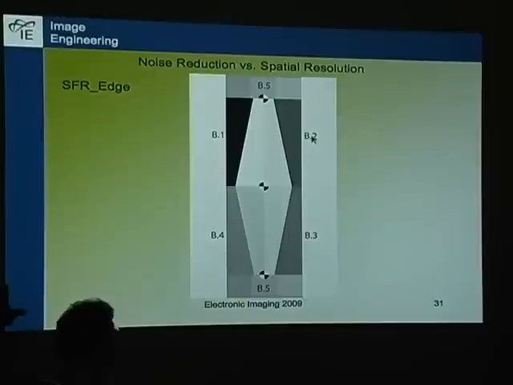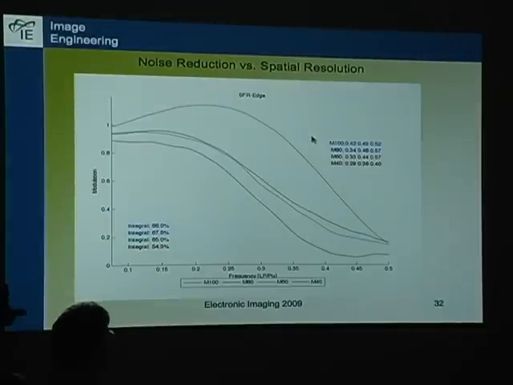The same thing for the slanted edges. So the edges are usually preserved by these algorithms, and what we find is, of course, there is a difference between the different contrast edges, but they remain basically the same at different ISO speeds with different noise cleaning levels. So this also doesn't tell us the value that we were looking for.